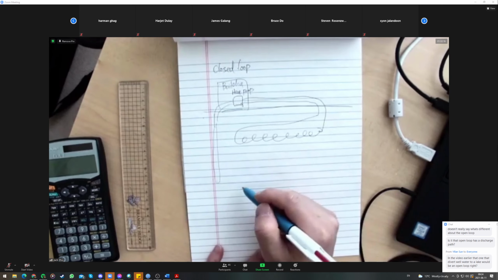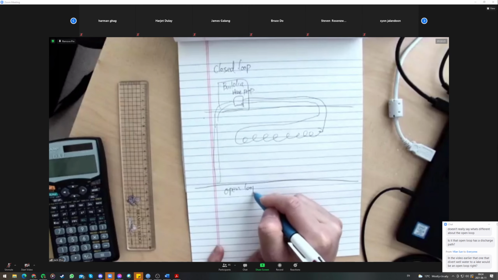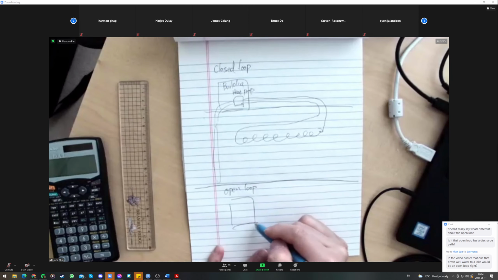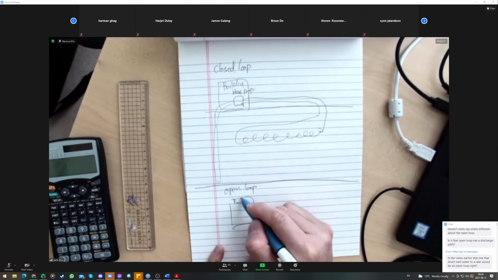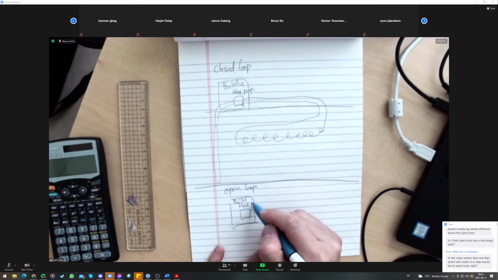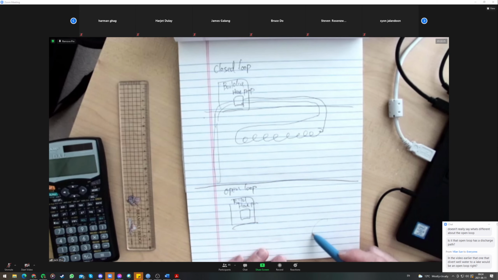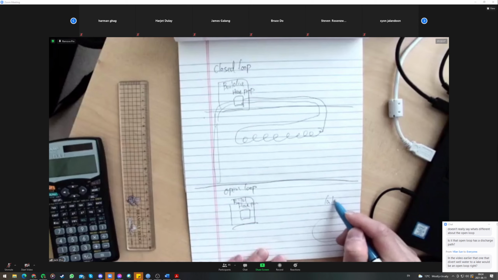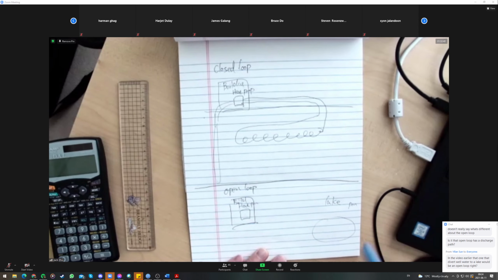If you have an open loop, here's your building. Then you have a heat pump down here. So you need to have a lake or a pond.